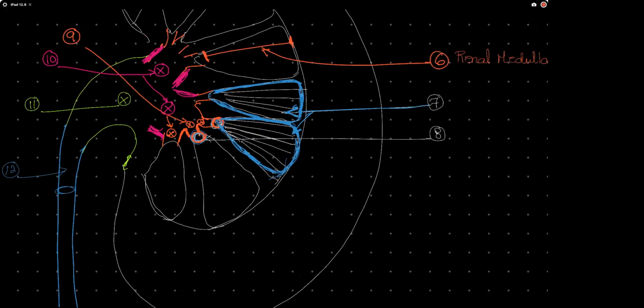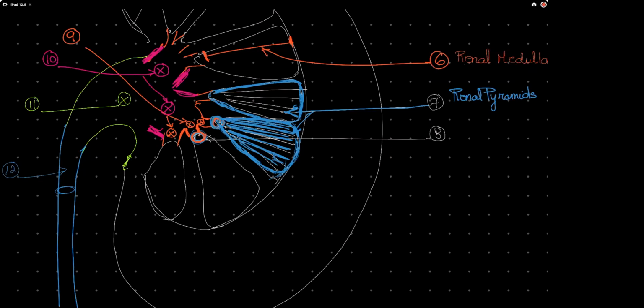It's renal. So we're going to call them the renal pyramids. Renal pyramids will be conducting the urine through these ducts on here, traveling the whole height of the pyramid to reach the tip of the pyramid.